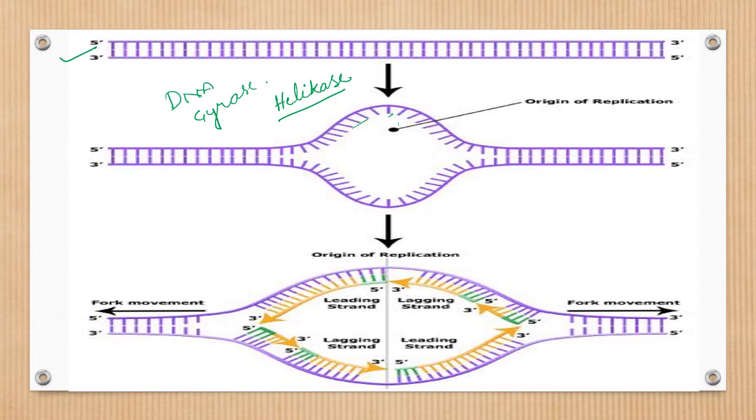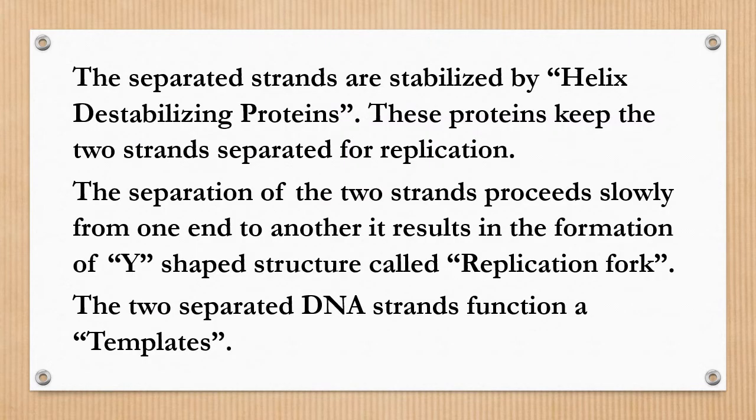Now the replication proceeds. The separated strands are stabilized, so they are stable and not rewinding again. They are stable in that uncoiling position by helix destabilizing proteins.